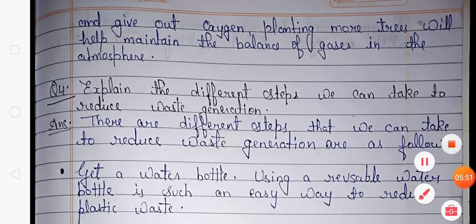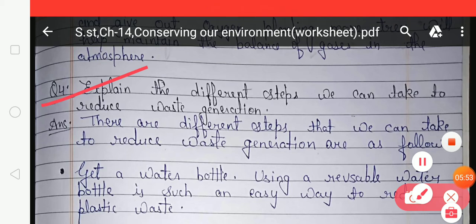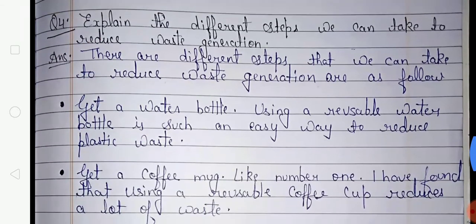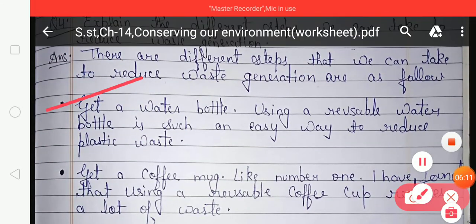Now look at question number 4. Explain the different steps we can take to reduce waste generation. So students, in this question you have to write about the different steps by which you can reduce waste generation. Your answer is, there are different steps that we can take to reduce waste generation as follows. First one is get a water bottle.